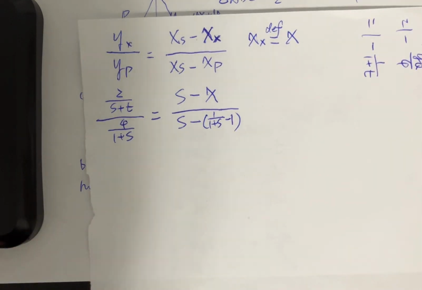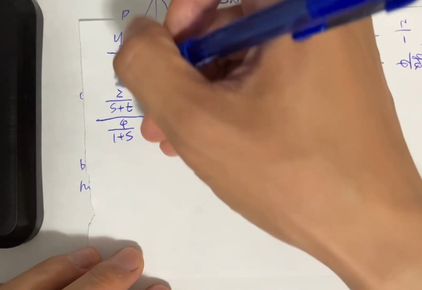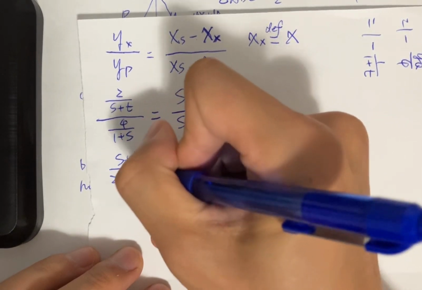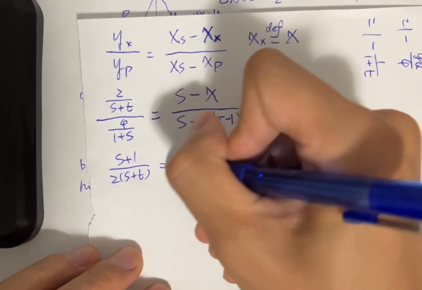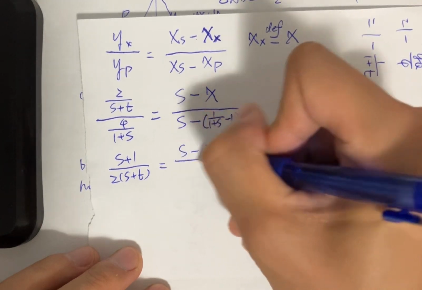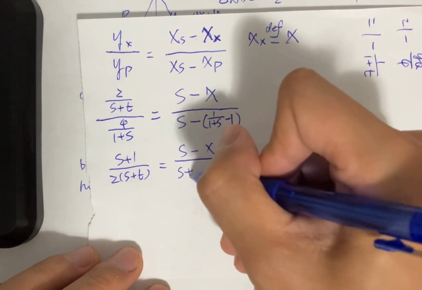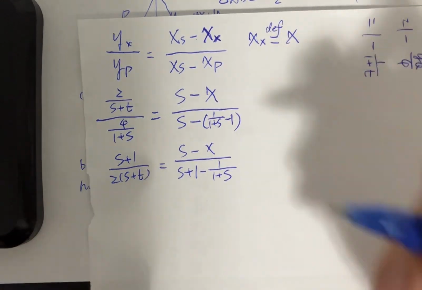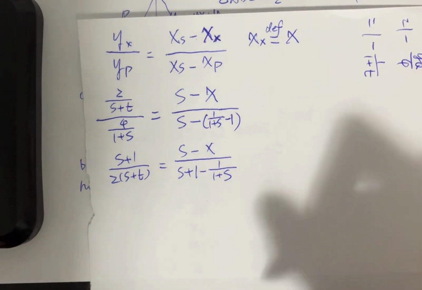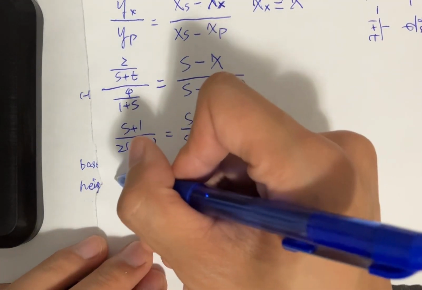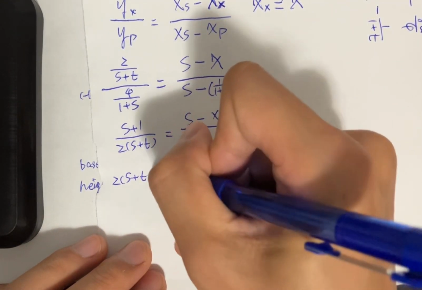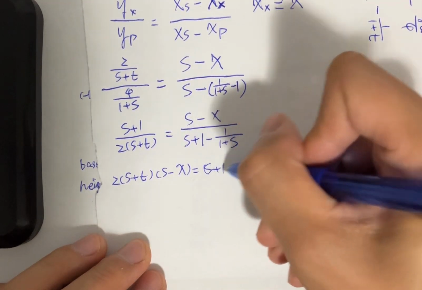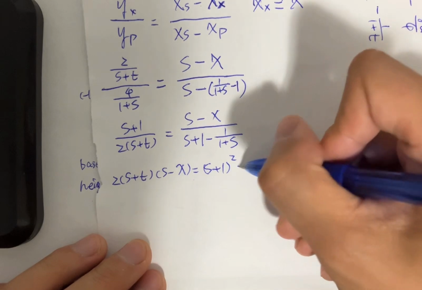Let's simplify it a little bit. On top, it is 4 over S plus 1. On the bottom, it is 2 over S plus T. And on the other side, it is S minus X over X minus XP. Cross-multiplying, it is 2S times T. S minus X is S plus 1 squared minus 1.